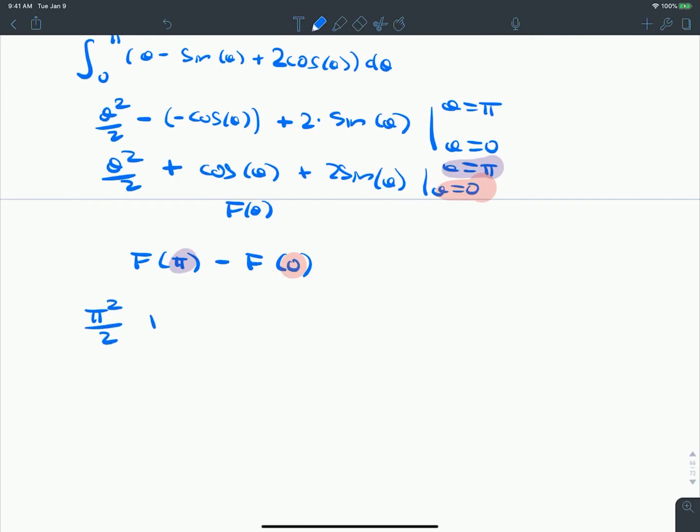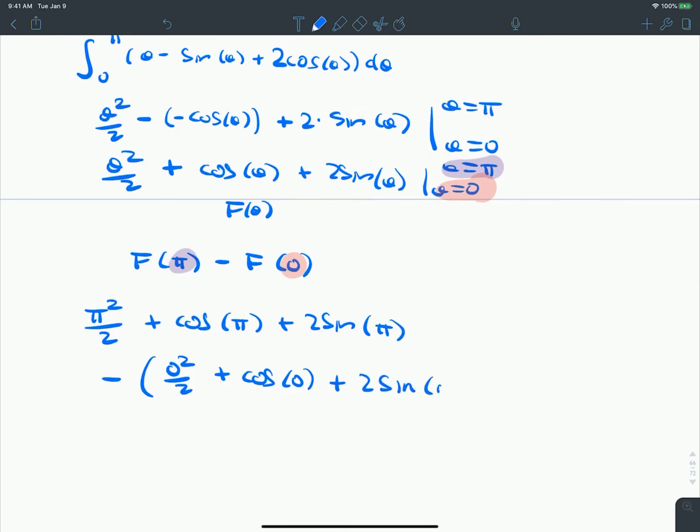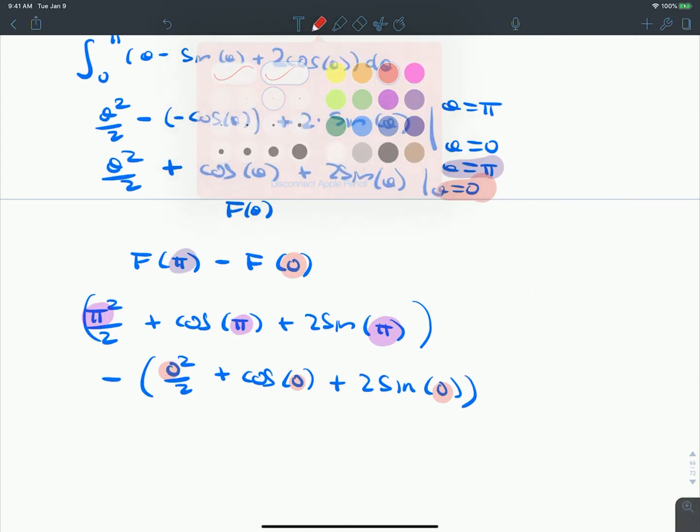Pi squared over 2 plus cosine pi plus 2 sine pi minus 0 squared over 2 plus cosine 0 plus 2 sine 0. So don't forget, let's double check to see if we applied the limits correctly. This is my upper limit. Okay, and then we have to check the lower limit. 0, 0, 0. And then we actually find some nice values here. So this is kind of nice.